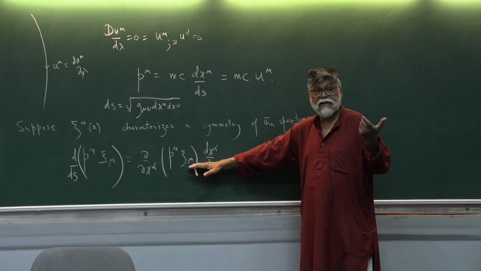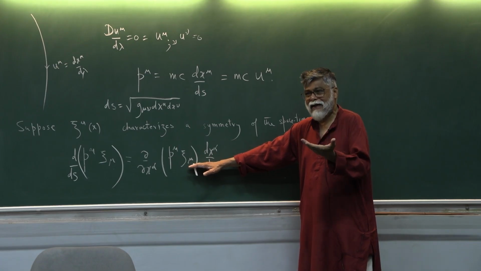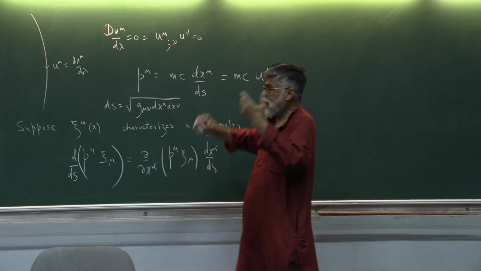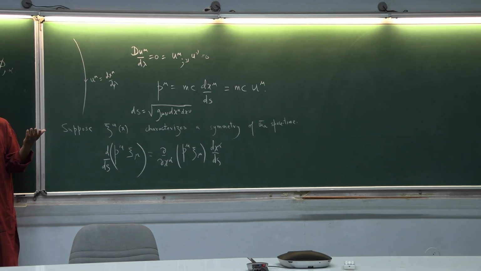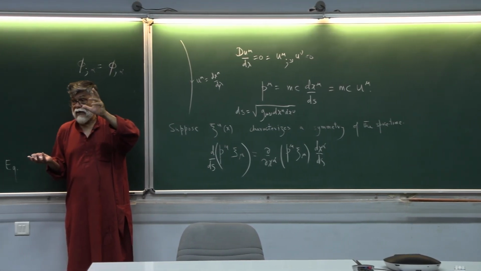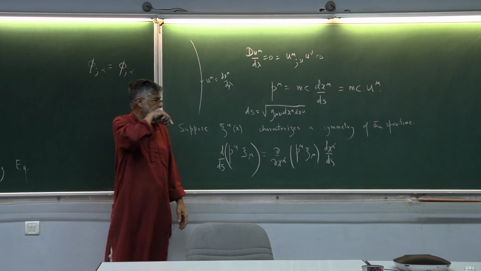The ordinary partial derivative of a scalar quantity is the same as the covariant derivative of the scalar quantity. We have already done it: for a scalar field φ, the covariant derivative is the same as the partial derivative. Because how did we get the notion of covariant derivative? The notion of parallel transport. An object which is just a number remains the same when you parallel transport it. Vectors have components, so that's the reason I had to introduce the Christoffel symbol, to check how the component values change when you parallel transport the object.